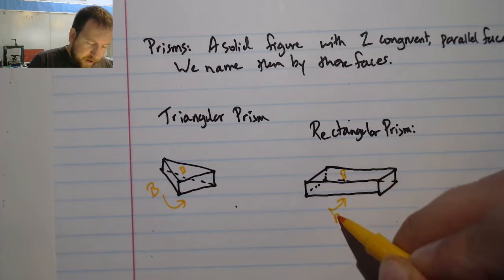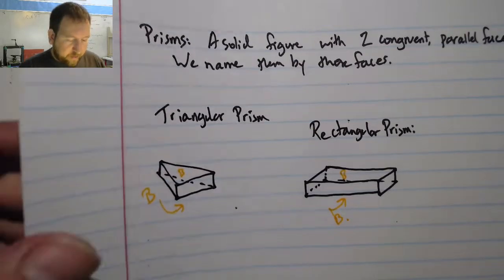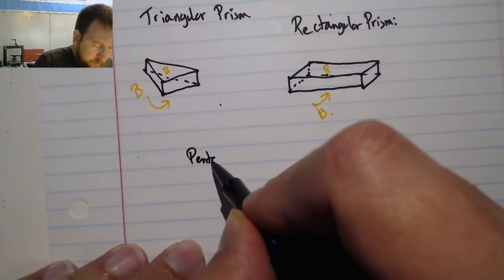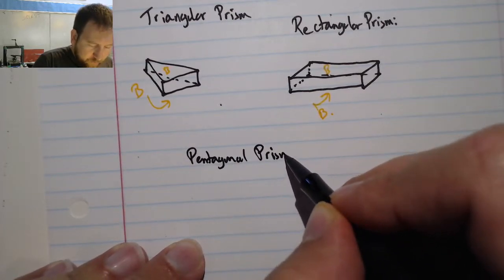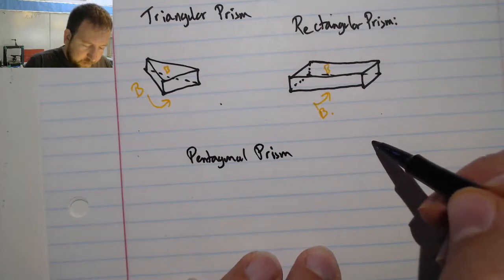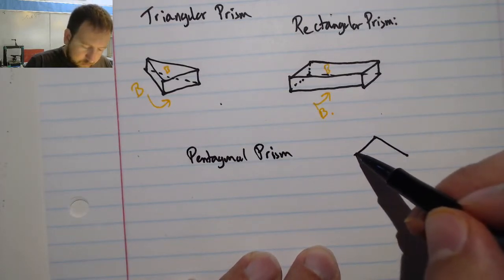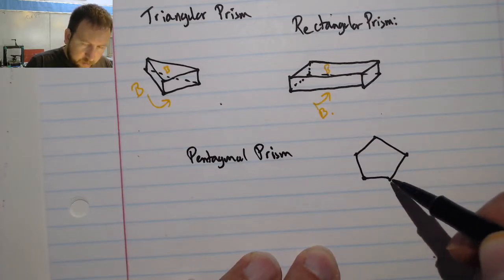And I can actually have any shape that I want. For example, I could have a pentagonal prism as well. And quite simply, all I'm going to do here is draw my pentagon. Hopefully your pentagon will be better than mine.